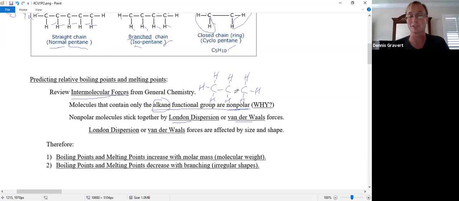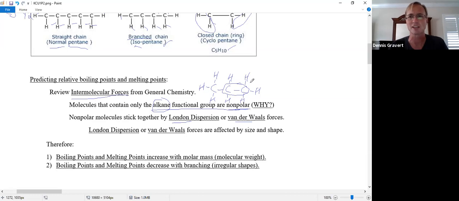And that's it. If the molecule only has alkanes present, like this one does, you only have CC and CH bonds, single bonds. And carbon and hydrogen are about equally electronegative. It's a non-polar covalent bond. And of course, between a carbon and carbon, that's a non-polar covalent bond too. Yeah, all these bonds are non-polar.